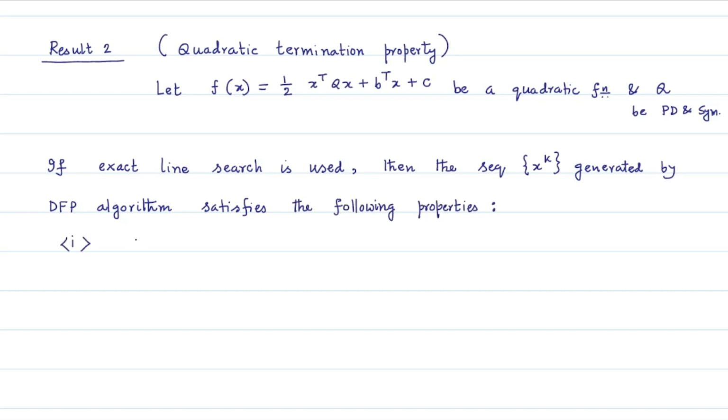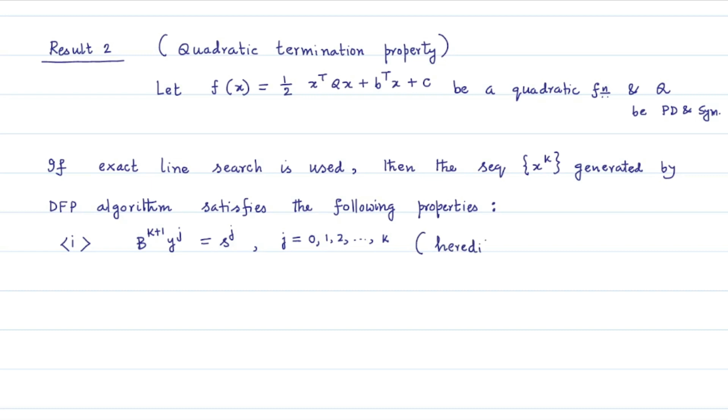The first is that the pair y_j and s_j satisfy the quasi-Newton equation with respect to the current matrix B_{k+1} for every j starting from 0, 1, 2 till k.